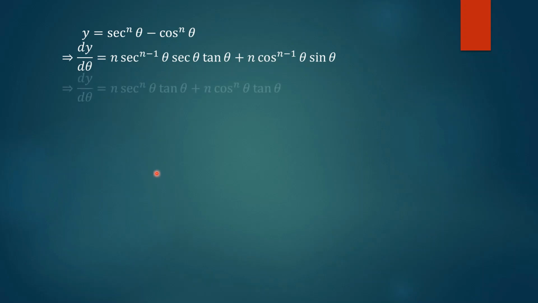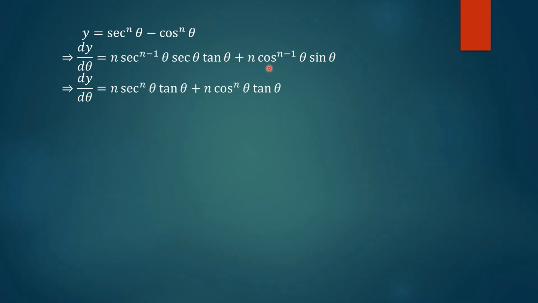Okay, so we write here n into sec to the power n theta, combining this and this, sec into tan theta remaining same, and n into, it is actually what you see, this is cos to the power n minus 1 theta, which is equal to cos power n theta divided by cos theta. The power is minus a minus b, therefore you can write x power a by x power b.